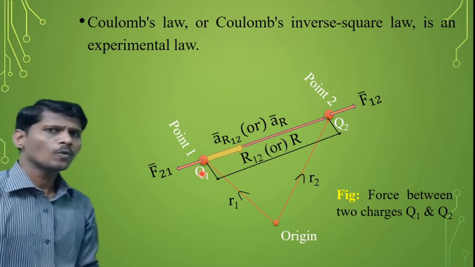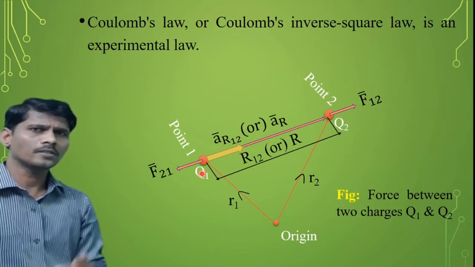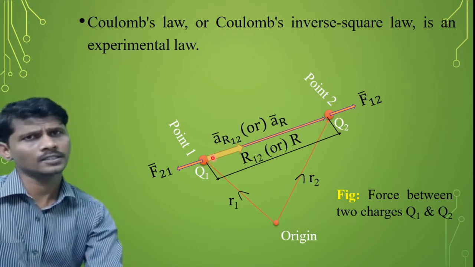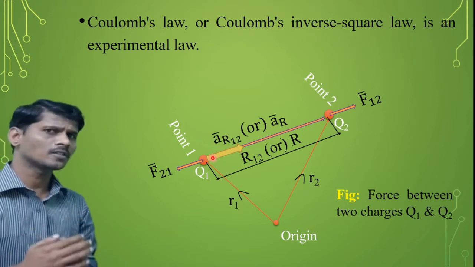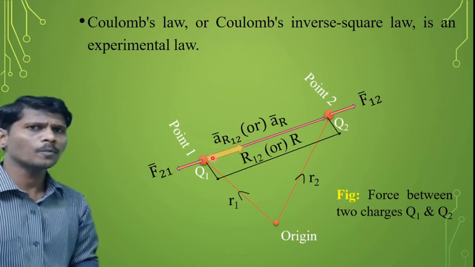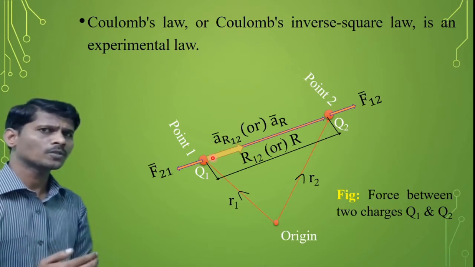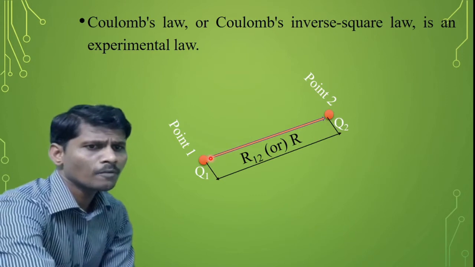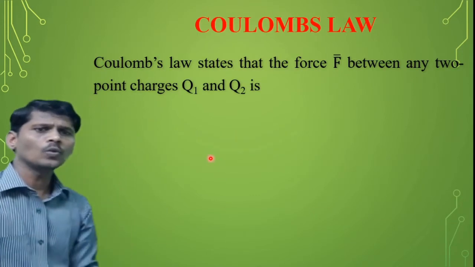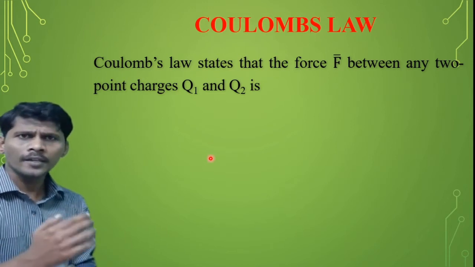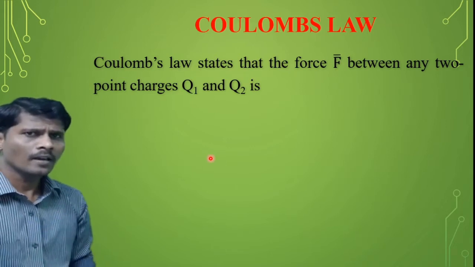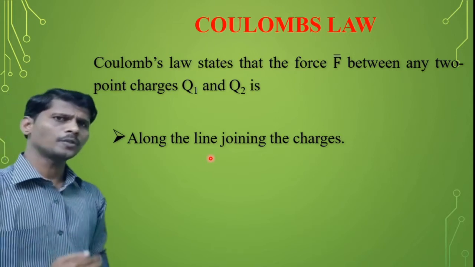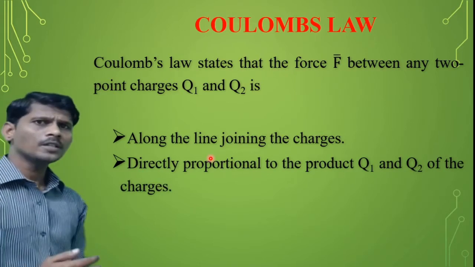Coulomb's law states that the force F bar between any two point charges Q1 and Q2 is along the line joining the charges, directly proportional to the product of the charges Q1 and Q2, and inversely proportional to the square of the distance between them.